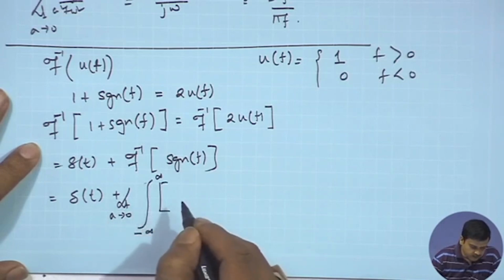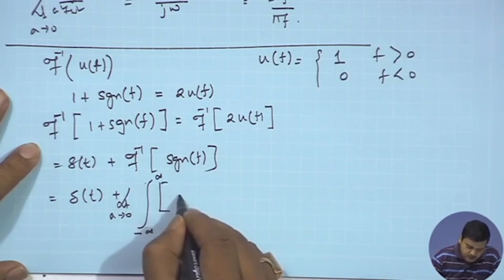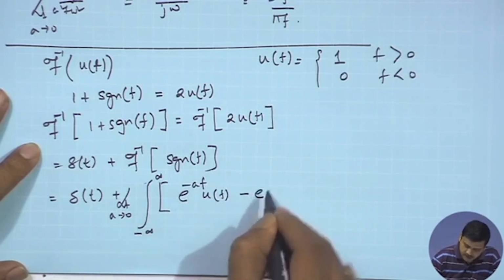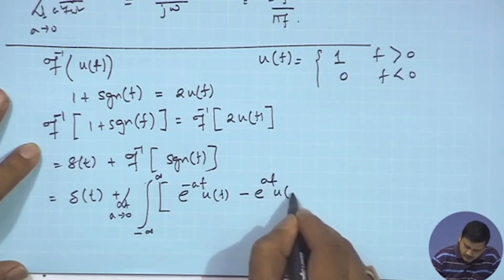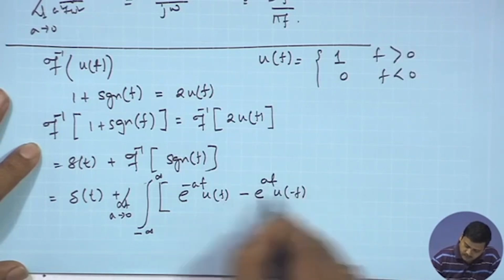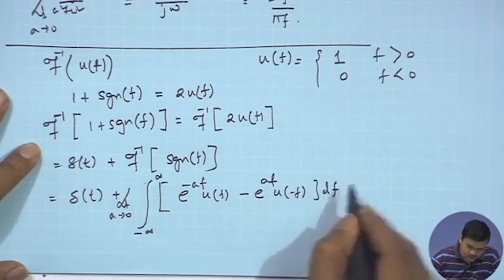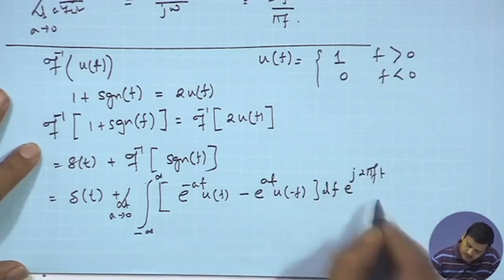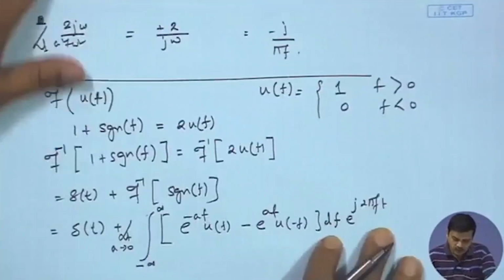Let us write the whole thing, and then we can split it up: e to the power of minus a f u of f minus e to the power of a f u of minus f, of course df, times e to the power of j 2 pi f t. So this is the whole expression, and we move forward with this.